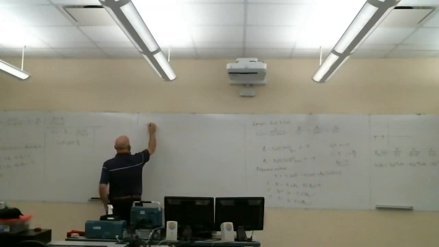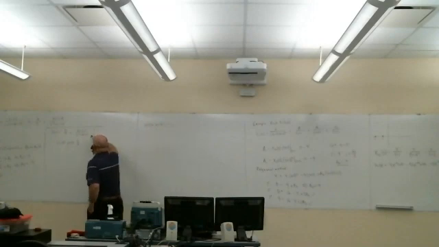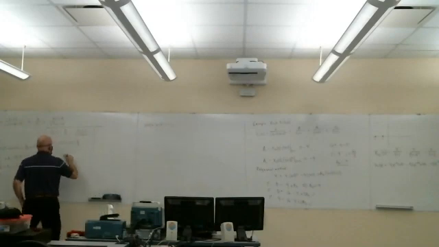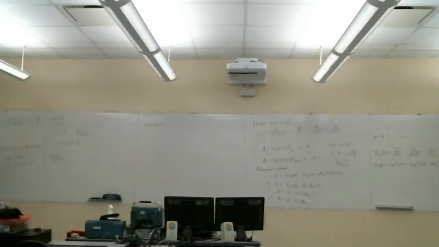X of t is going to have a 2u of t minus the inverse Laplace transform of this guy. So let's take a look at it. Because it has these complex roots, we're not actually going to factor, we're just going to complete the square on the denominator.